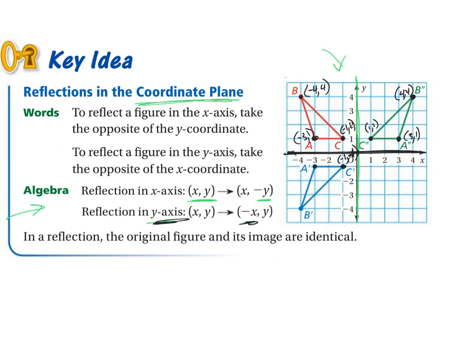The negative 3 stays the same, and the y changes. And on this one, again, the x stays the same. So we're reflecting this last top point. The x stays the same, and the y changes.